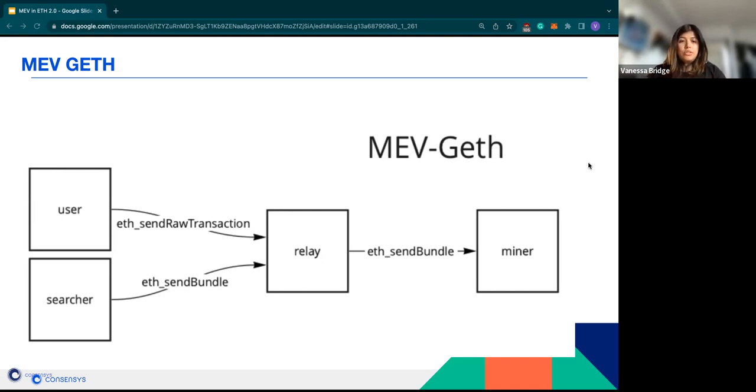And then the relayers are just going to put together either the bundle, so all the different transactions that you want to make, or just regular transactions from other users that don't want to be front run or back run or sandwiched. Put them together, create a bundle, and send it to the miner. And then the miner will just select whatever bundle is most beneficial to include in the block.